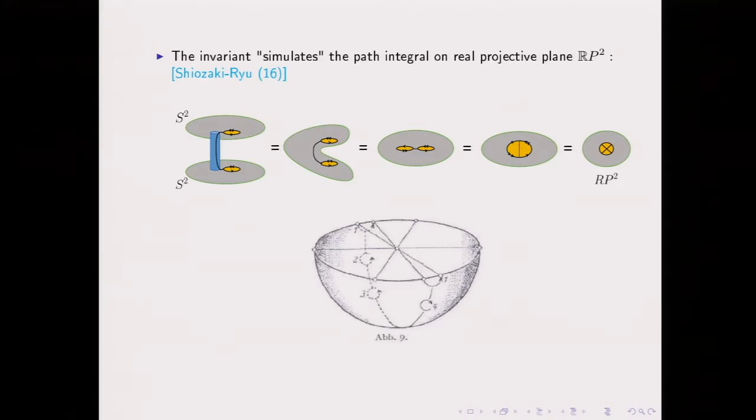This is what is expected from the topological quantum field theory description of the Haldane chain.